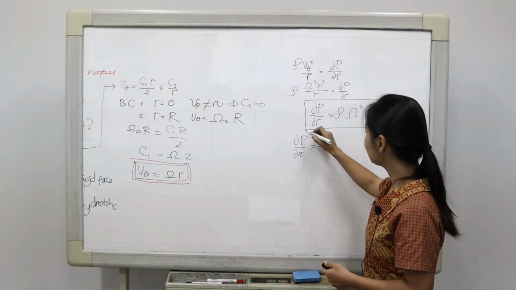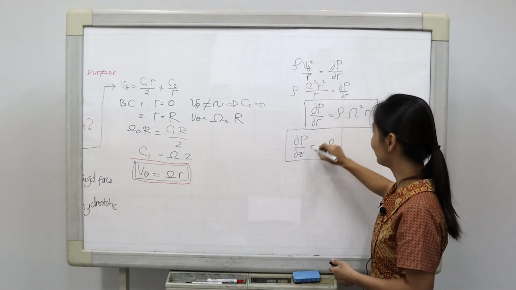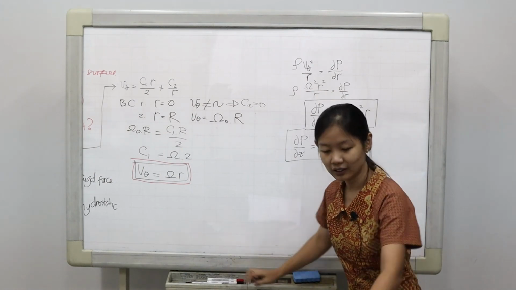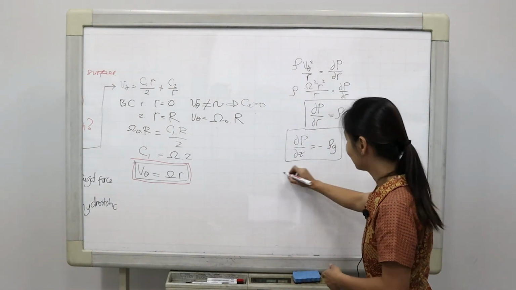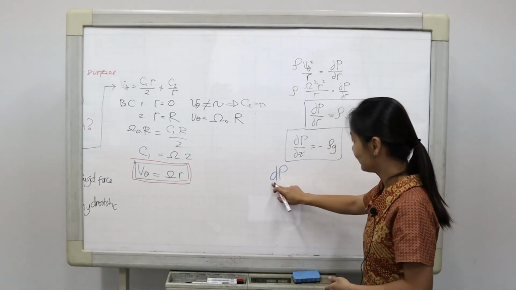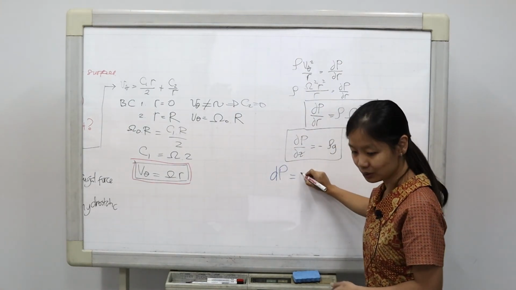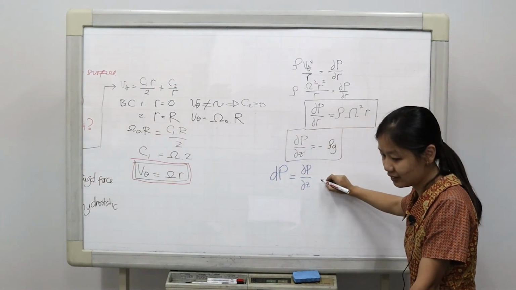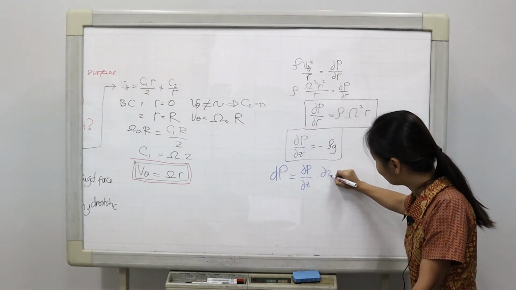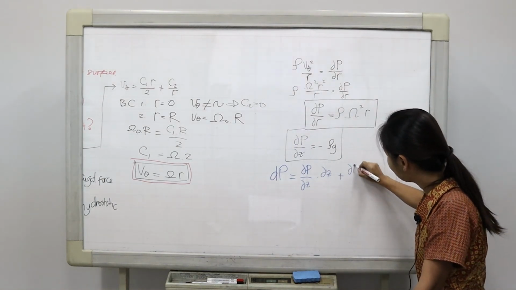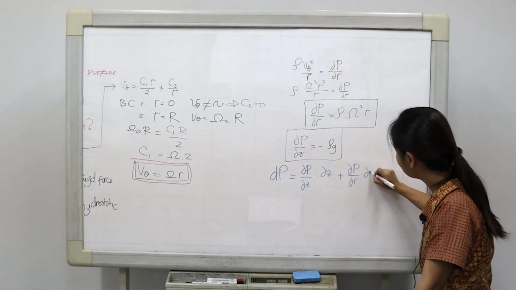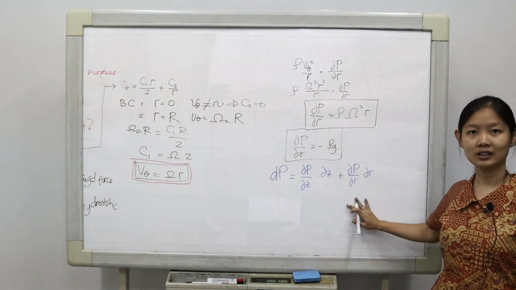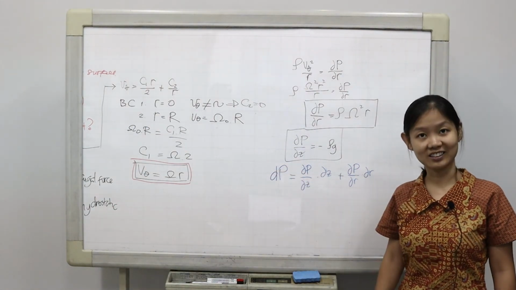Now if you have a look here, we have ∂P/∂r and ∂P/∂z. We can write this differentiation into its complete form. What is its complete form? We have dP equal to ∂P/∂z times dz plus ∂P/∂r times dr. You got this from calculus, the total differentiation.